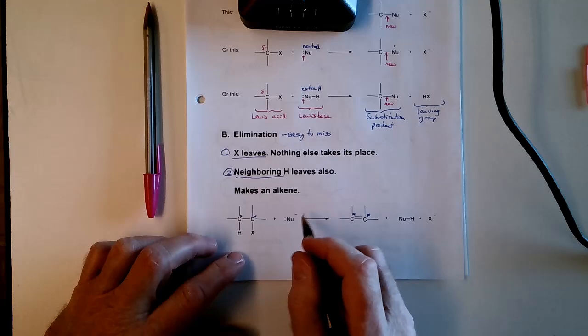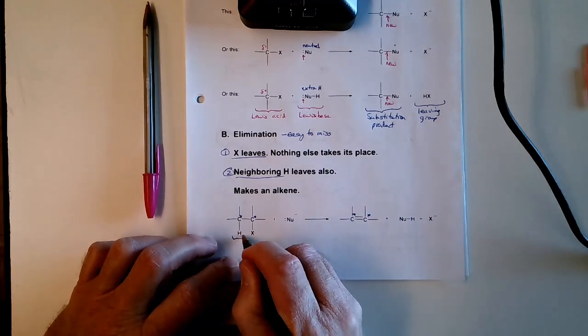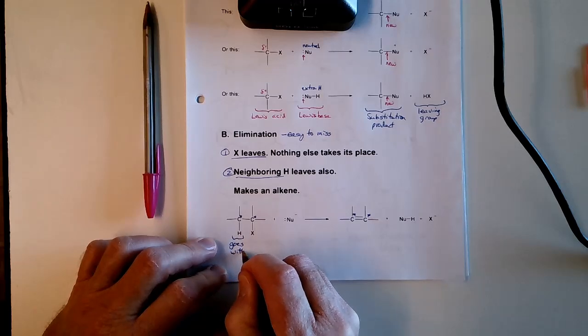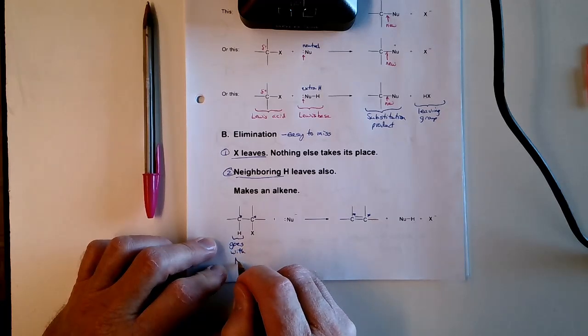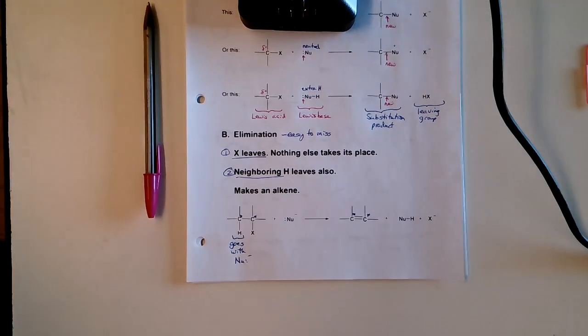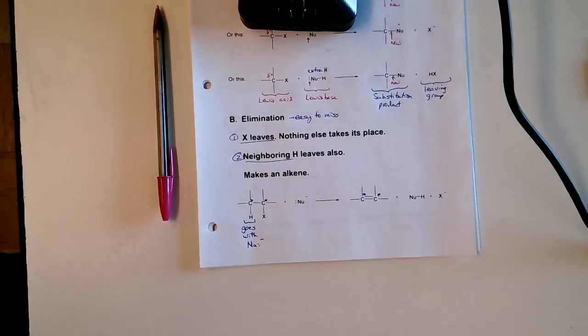And notice what happens over here. That hydrogen goes away with the nucleophile, which is a strong base. And this is a way of the nucleophile kind of making it clear: carbon, I don't necessarily care too much about you. If the hydrogen is easier to get, I'll just take it instead. I don't care too much about you.